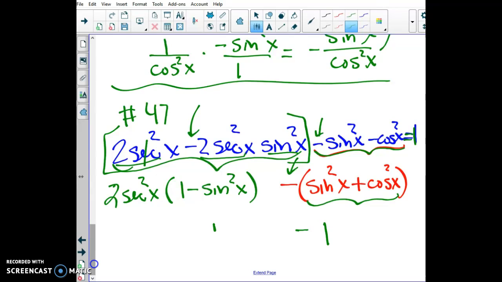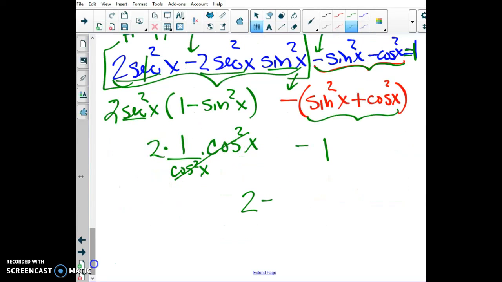So I get 1 minus sine squared x, which happens to be cosine squared x, and we're going to multiply that by 2 secant x, which is simply 1 over cosine squared x. So in multiplying these two together, I have 2 times 1 over cosine squared times cosine squared. Those happen to cancel, and I get 2 minus 1 is equal to 1.